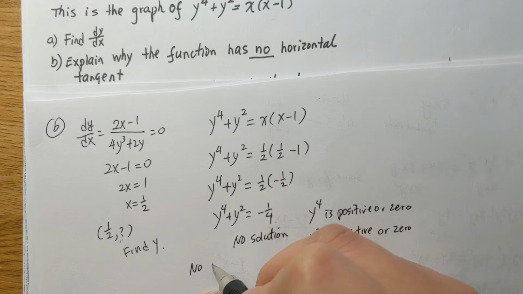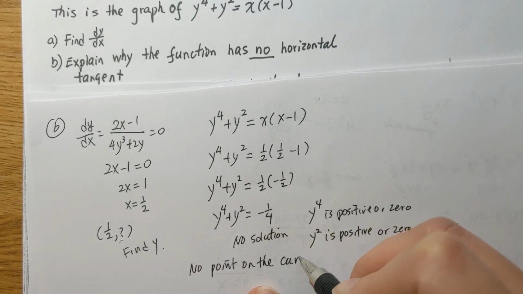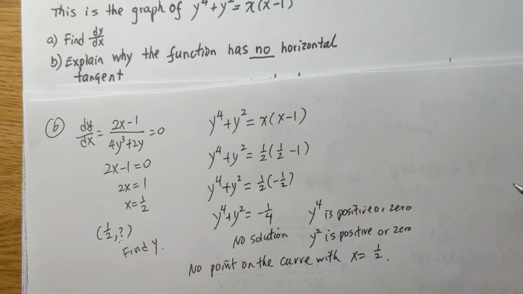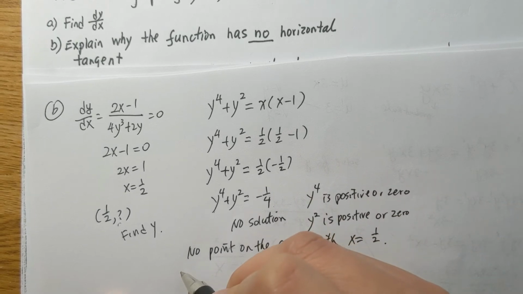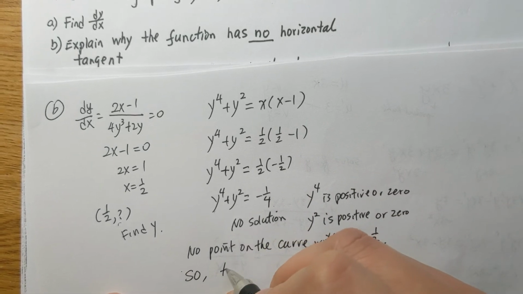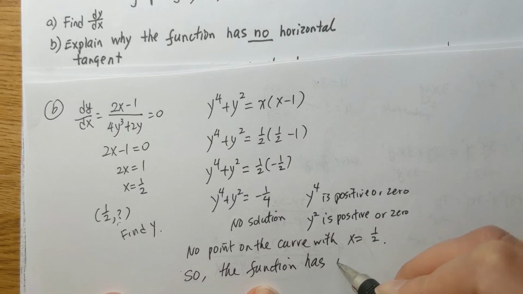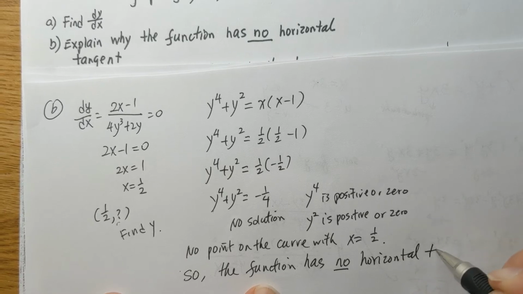So we have no solution. So no point on the curve with x equals half. There's no such point. So therefore the conclusion: the function has no horizontal tangent.